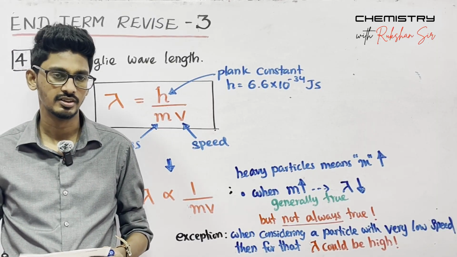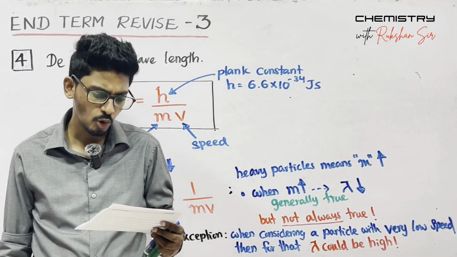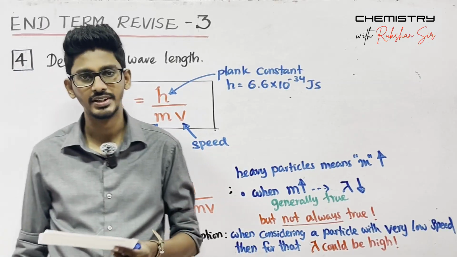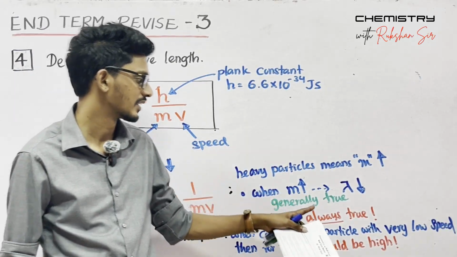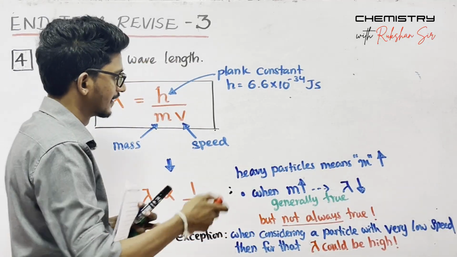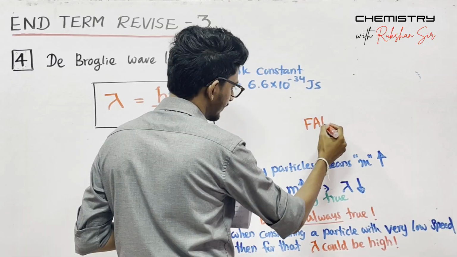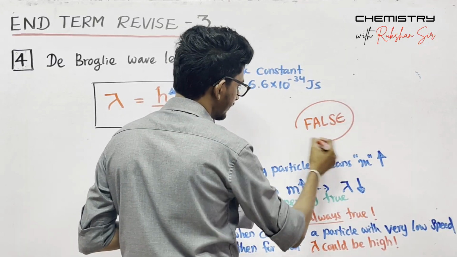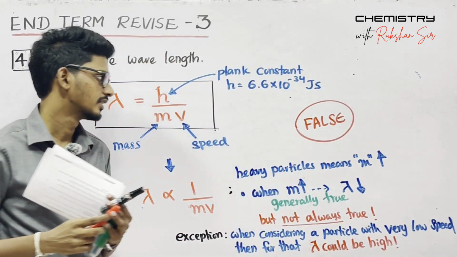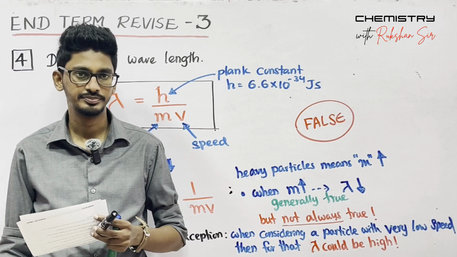So the statement that de Broglie wavelengths of heavy particles are always smaller than those of lighter particles is false. It is generally true, but as the term always appears, we have to take it as a false statement. Okay, that is the review for statement number 4.